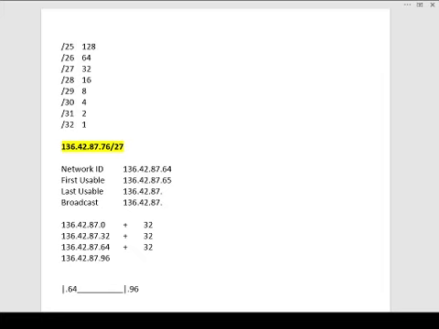Your broadcast has to be one less than your next network ID, so it's 95. And your last usable is one less than your broadcast. So network ID is even, the broadcast is odd. There are 32 IP addresses, only 30 are usable.